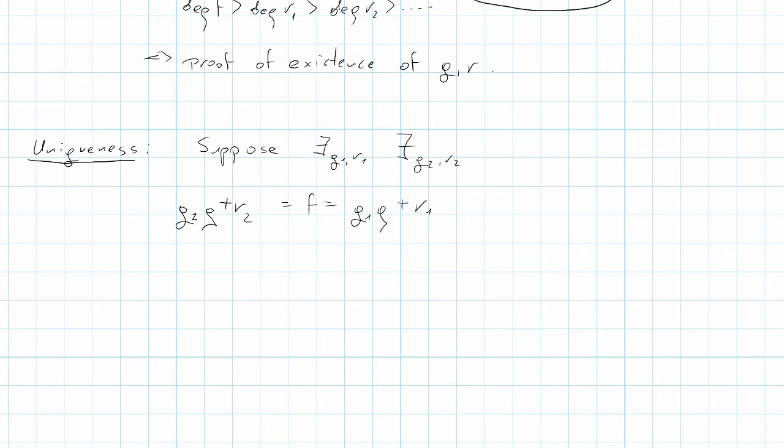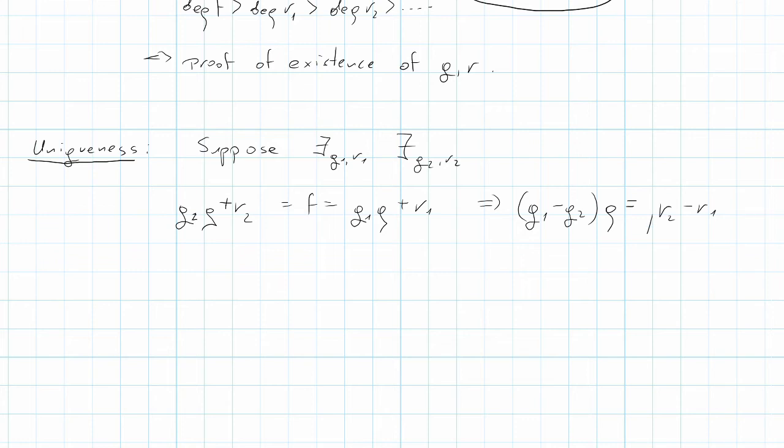If we subtract them side by side, what we get is that q1 minus q2 times g is equal to r2 minus r1.